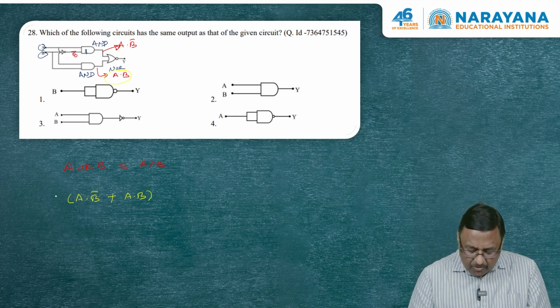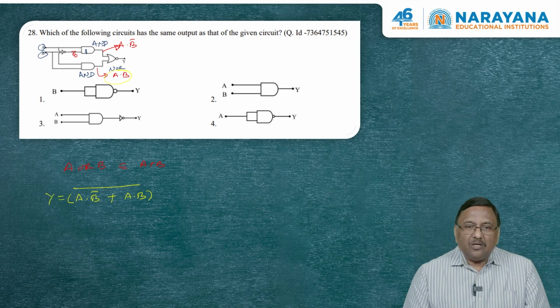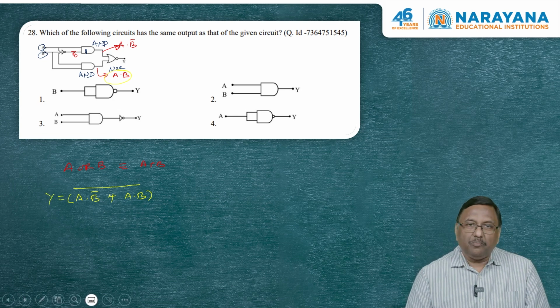But the output is going to be NOR of this. So I will say now Y is A dot B bar plus A dot B, whole bar.